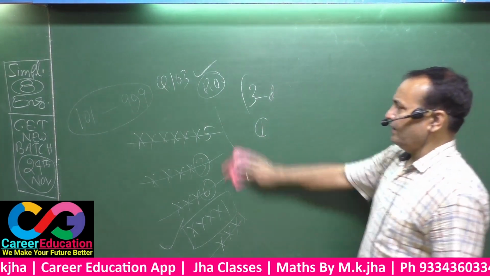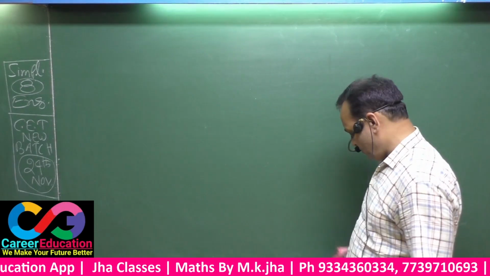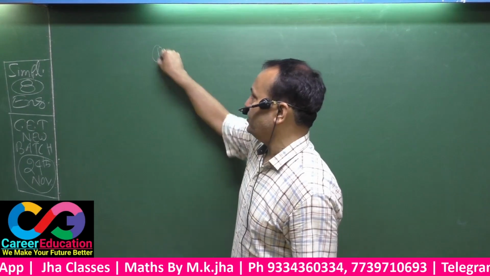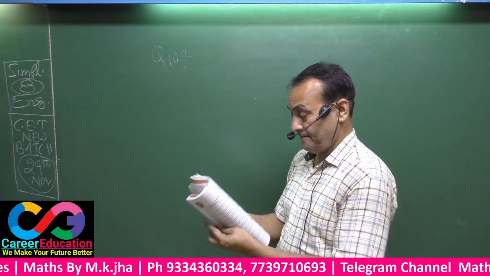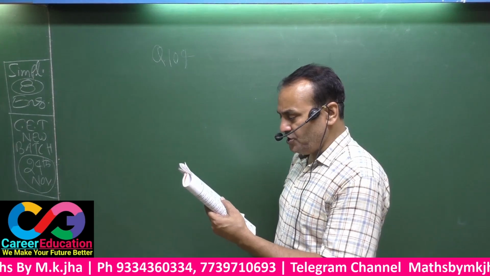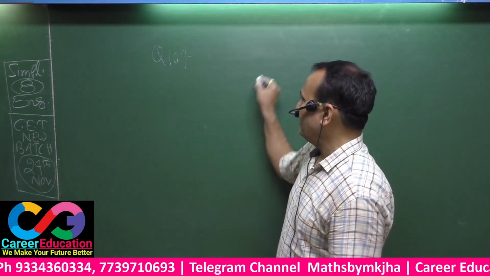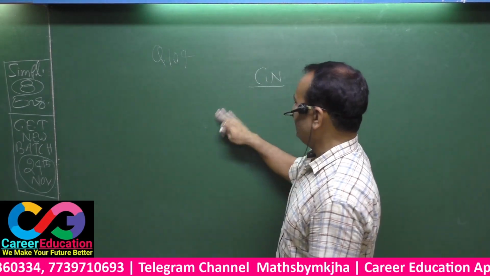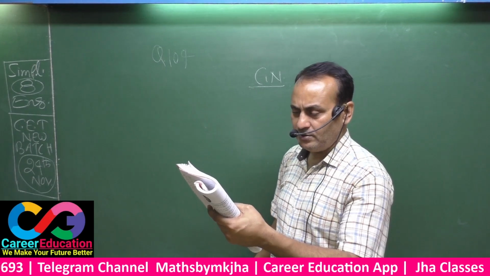Question 104: the unit digit of any perfect cube number can be... see here, unit digit of a cube number. You must note first. I am dictating, note.